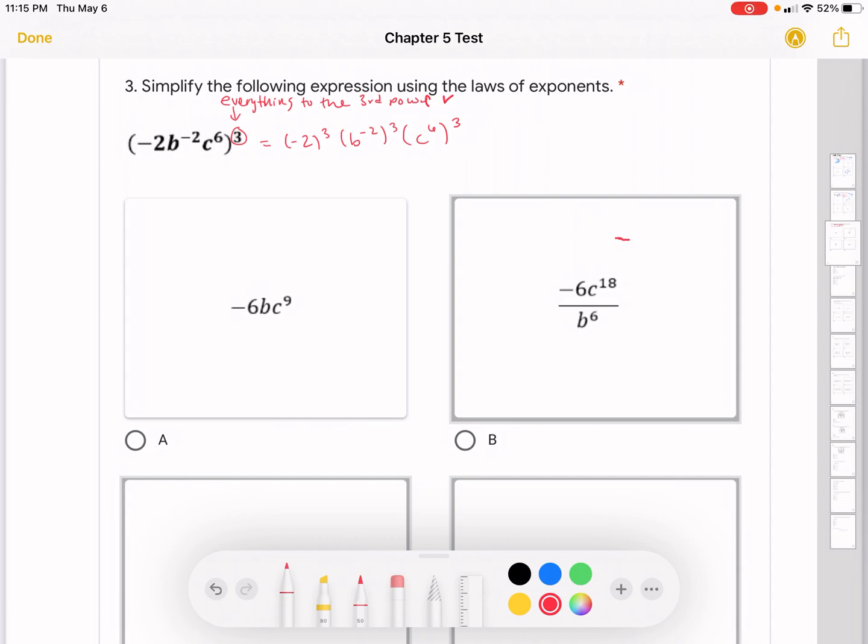Negative 2 to the third means you're doing negative 2 times negative 2 times negative 2, which is actually negative 8.